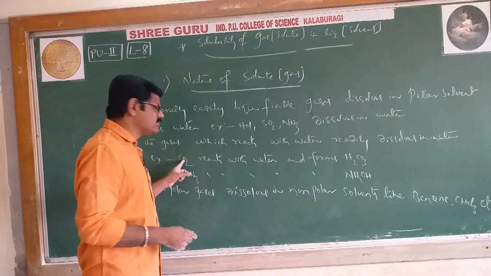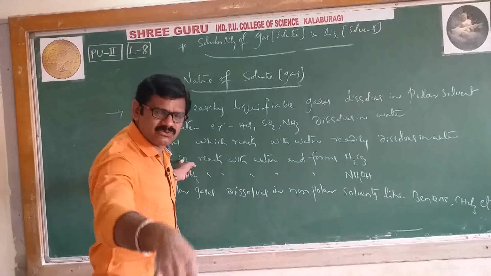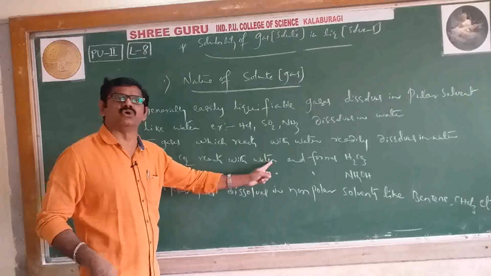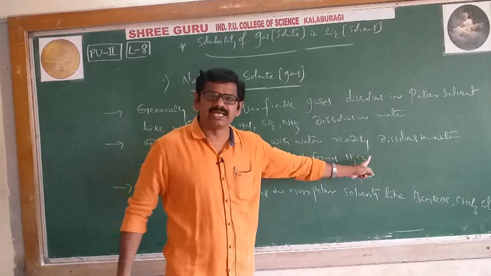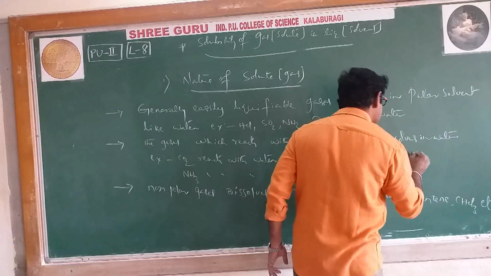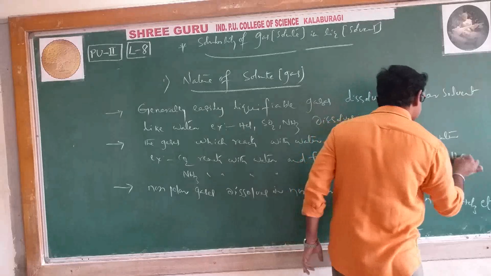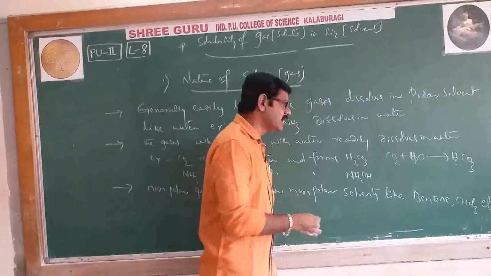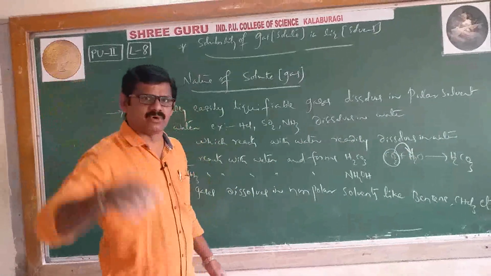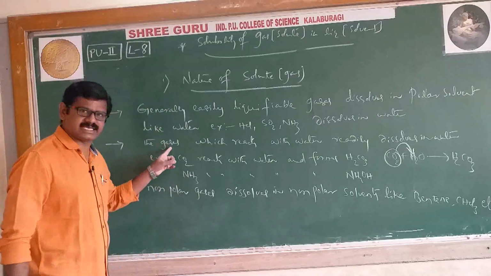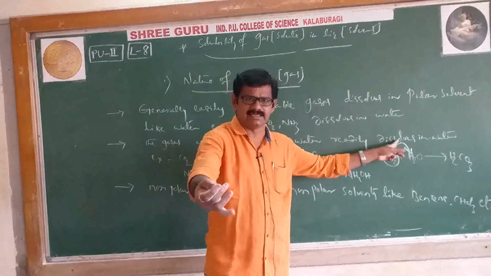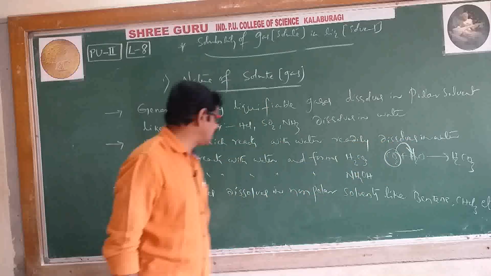See here, example, CO2 gas dissolves in water more. Why? CO2 reacts with H2O, which is the solvent, and forms carbonic acid, H2CO3. Because of this reason, CO2 solubility in water is more. Once again, the gases which react with water readily, meaning easily or more, dissolve in water.